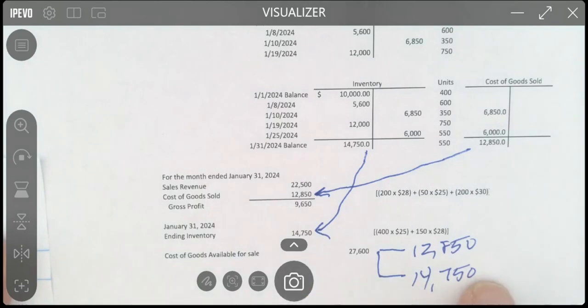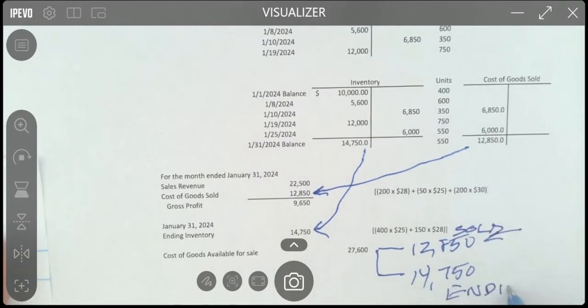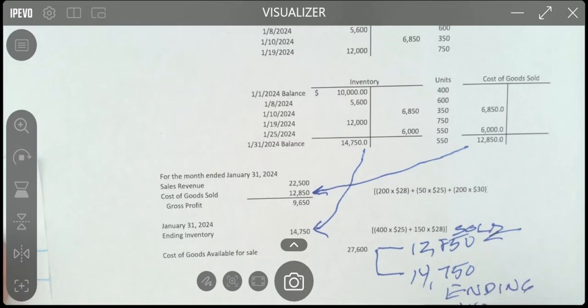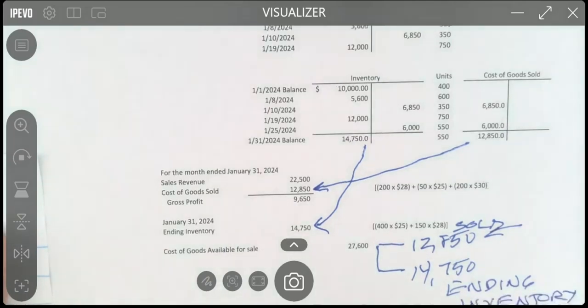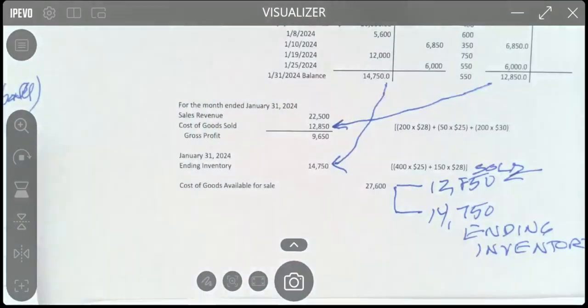And if you add those up, that's $27,600. So that's the cost of basketballs available for sale. That's the cost of the ones we sold. And that's the cost of the ones that remain in ending inventory. All right. And that's perpetual LIFO.